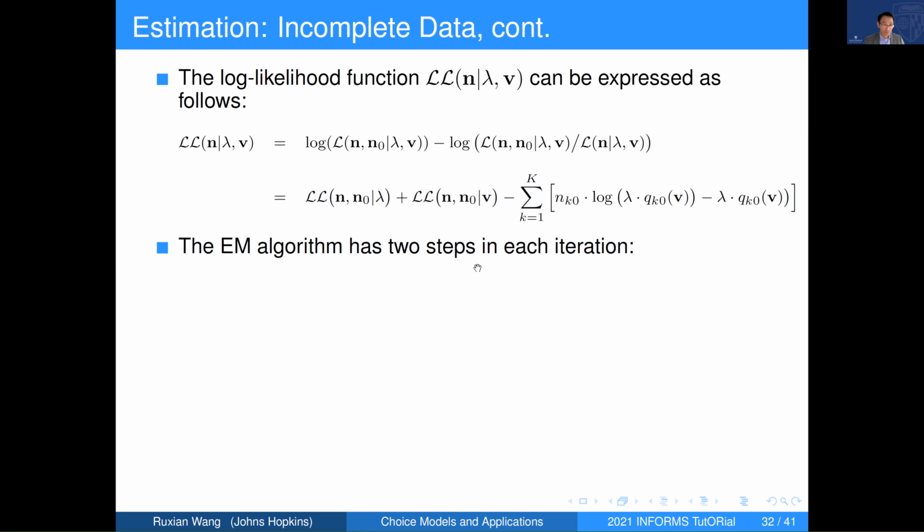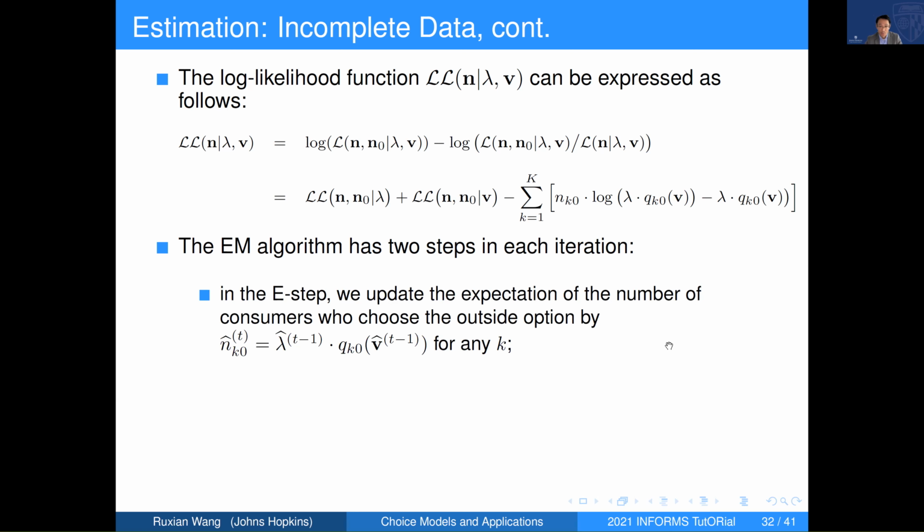The EM algorithm has 2 steps in each iteration. It's an iterative algorithm. In the E step, we update the expectation of the number of consumers who choose the outside option. If you don't know the actual outcome for that option, we can update the expectation in each step.